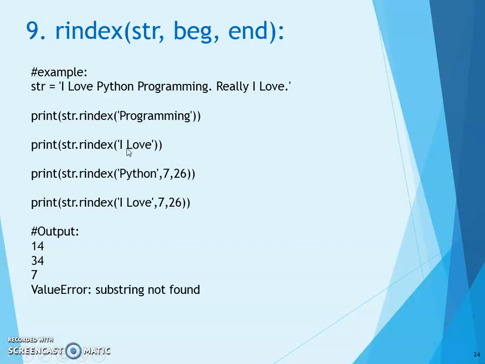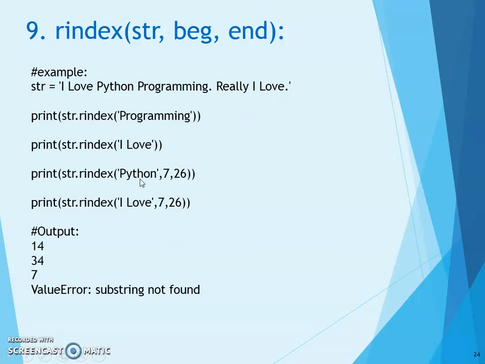Now this string I love is present two times, here and here. But as rindex starts checking from the end, it will give us the last one as the first occurrence. As this character I is present at the 34th index, it will return 34.